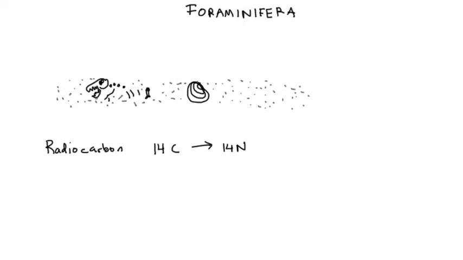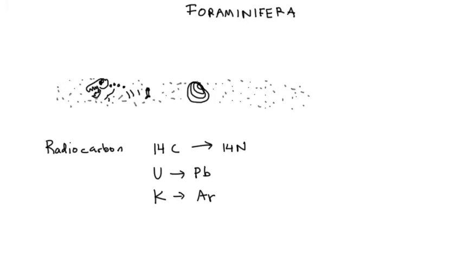Fortunately, there are other methods basing their estimations of age on radioactive substances that decay more slowly than carbon-14. Uranium-lead dating and potassium-argon dating are particularly useful and have high degrees of precision for samples older than what we can age using radiocarbon methods.